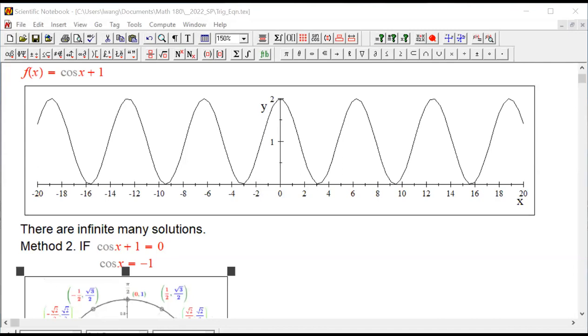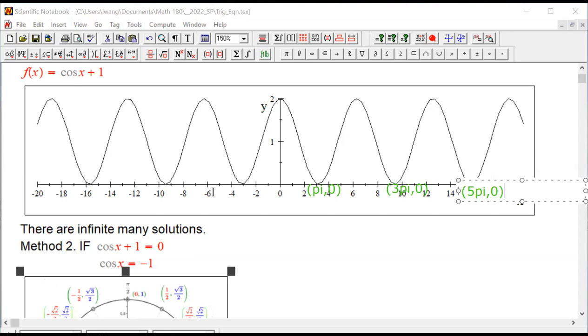So look at this point. This point is going to be pi, comma 0, right? And this point is going to be 3 pi, comma 0, and over here is going to be 5 pi, comma 0.